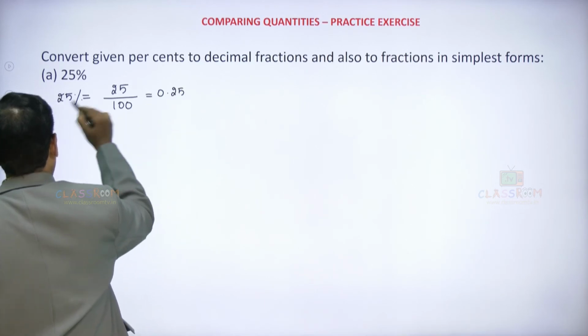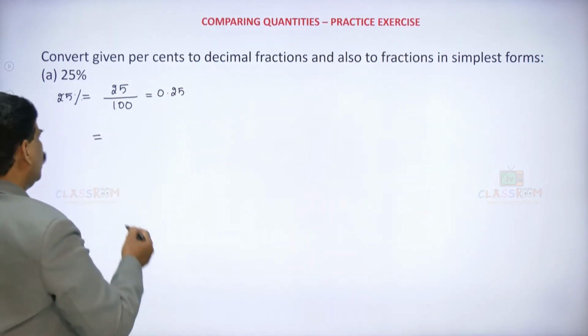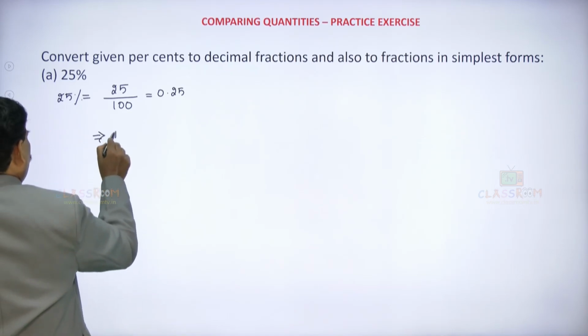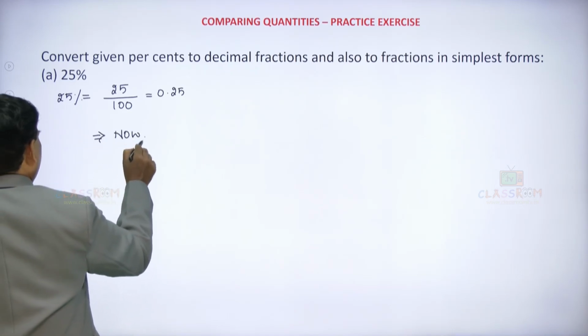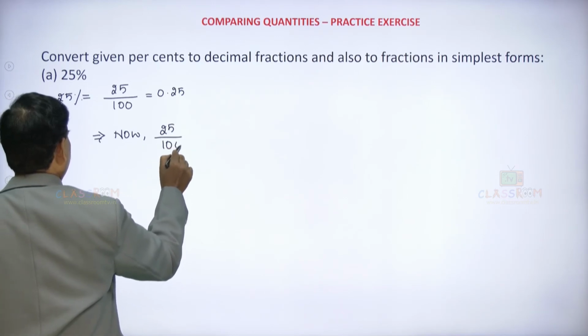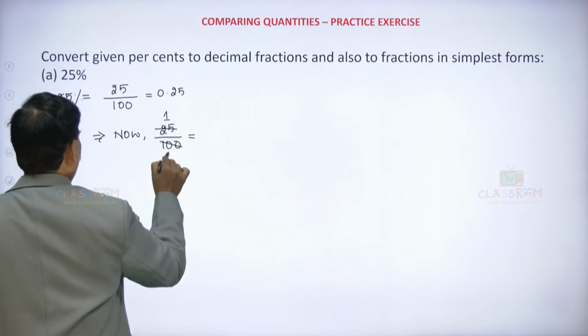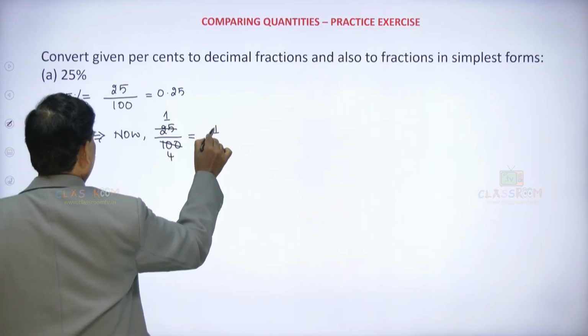As 2 zeros, so place the point from the right, 0.25. Now, this 25 by 100 into simplest form: 25 ones are 25, 25 fours are 100.